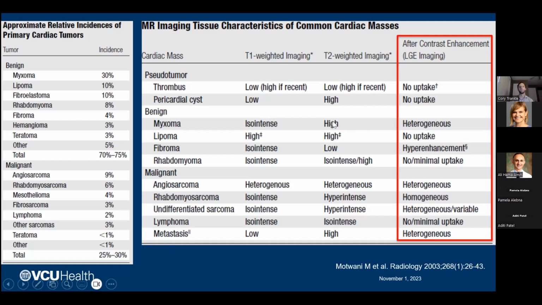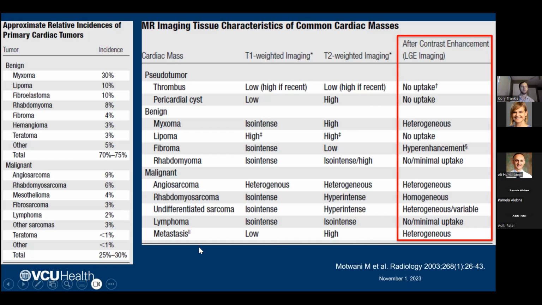Just looking at common cardiac masses, whether or not they take up contrast can sometimes be a very good discriminator of malignant versus benign, and so forth.